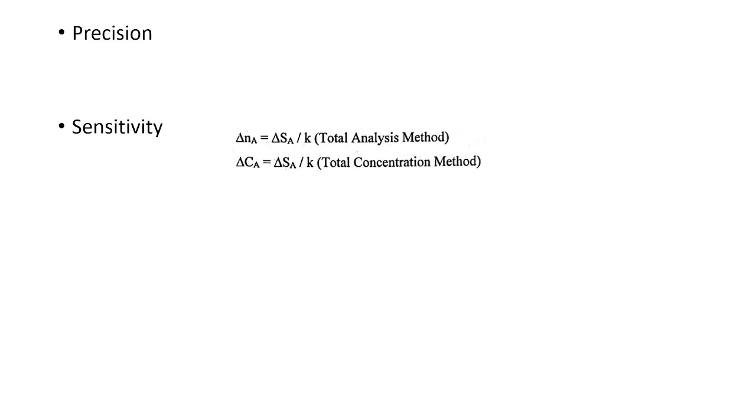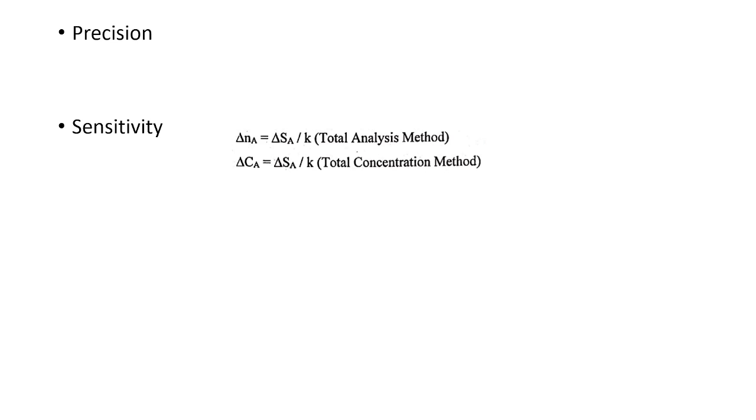So here sensitivity is given as the change in the signal, delta Sa, per change in the amount of analyte, delta Na. The same sensitivity can be defined for the total concentration method, that is delta Ca is equal to delta Sa upon K. So in both methods, K is a proportionality constant.